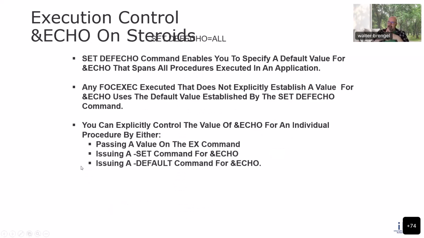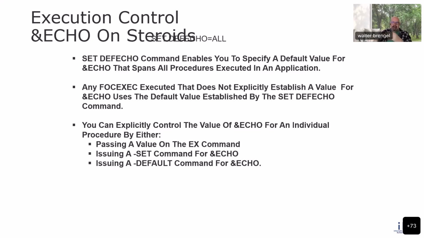All right, so we saw the set &&ECHO equals ALL. There's also a SET DEFECHO. The difference between the two is that the dash set &ECHO equals on or all only happens for the procedure that it's in. So if you are executing something from procedure 1, the procedure 2 that you're executing will not have the echo.